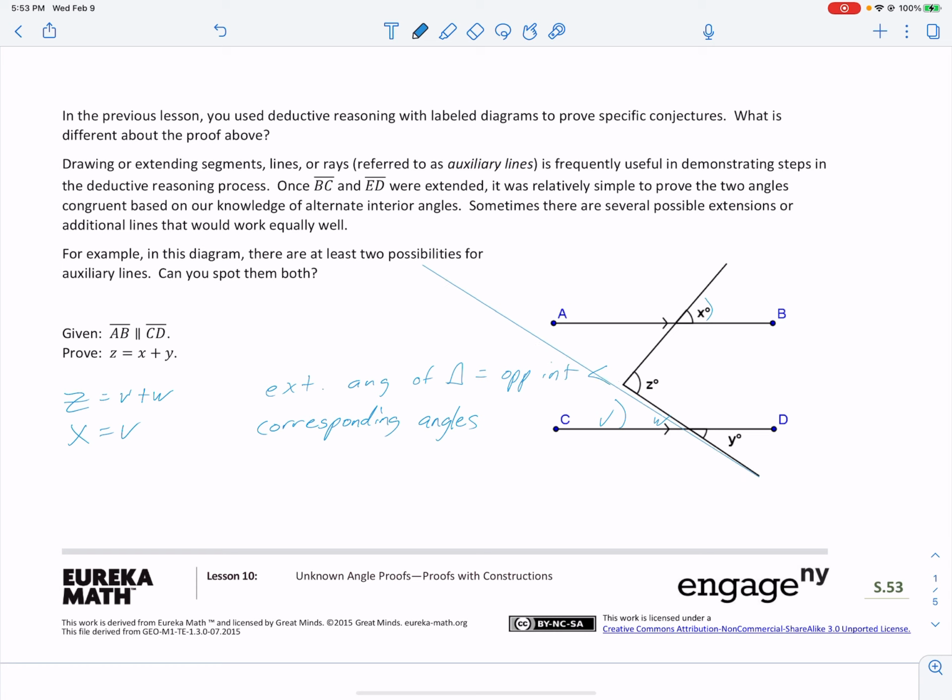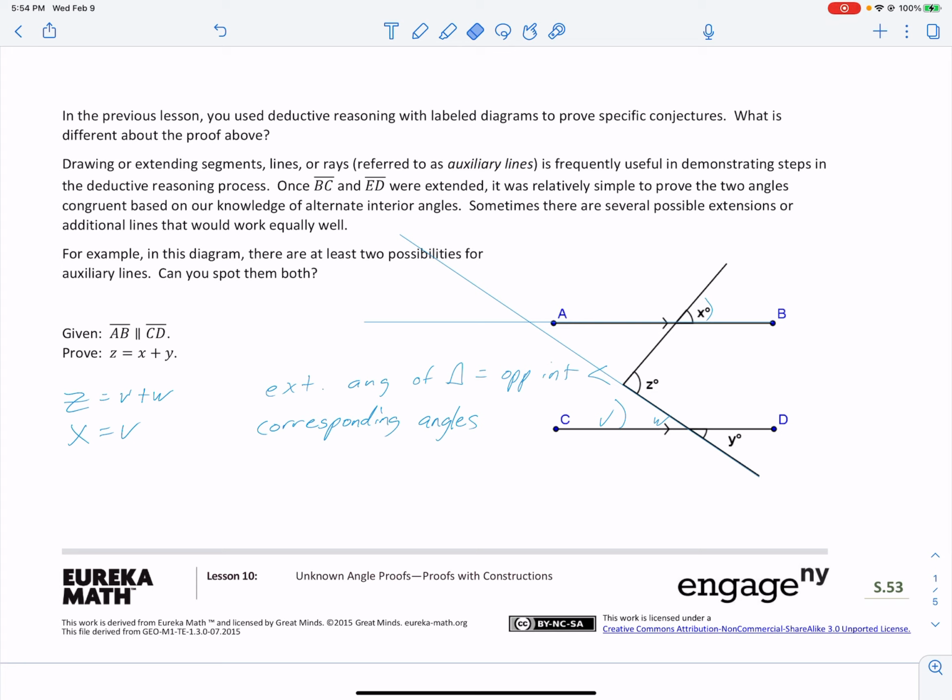We can also extend this right here and this right here a little bit, which extensions are perfectly legitimate, right? We could do that, try to figure out if that's helpful. Let me look at that just to make sure. I don't know if that's going to be super helpful for us.